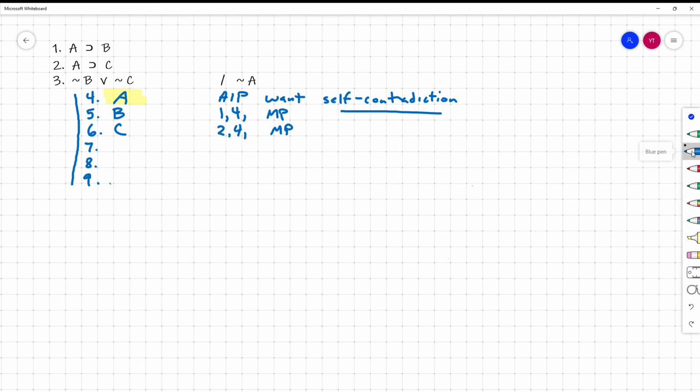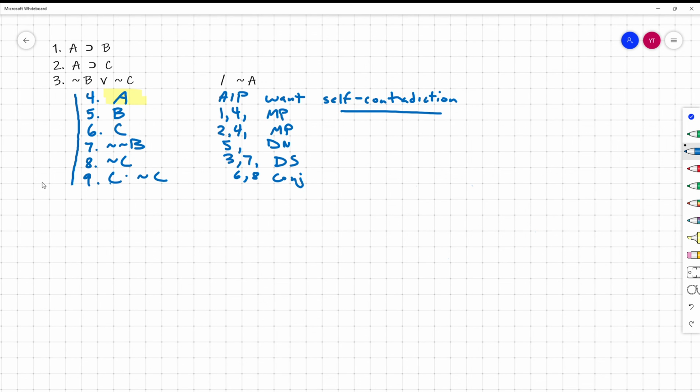For example, maybe what you saw instead was that if we double negated line 5, then we could derive not C using 3 and 7, DS. And then we've got this contradiction. This is 6 and 8, conj.